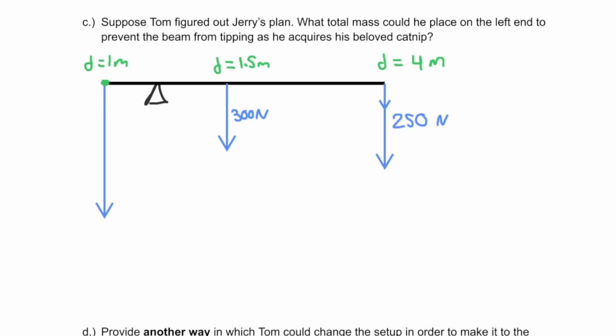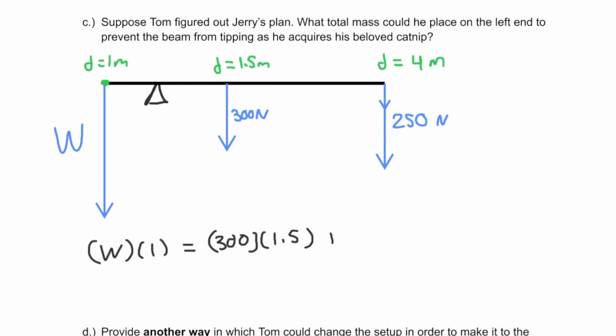So now we just set the torques equal again. So we don't know what this is, so we're going to call it W. So the counterweight times 1 is equal to 300 newtons, 1.5 meters away, plus 250 newtons times 4 meters away.